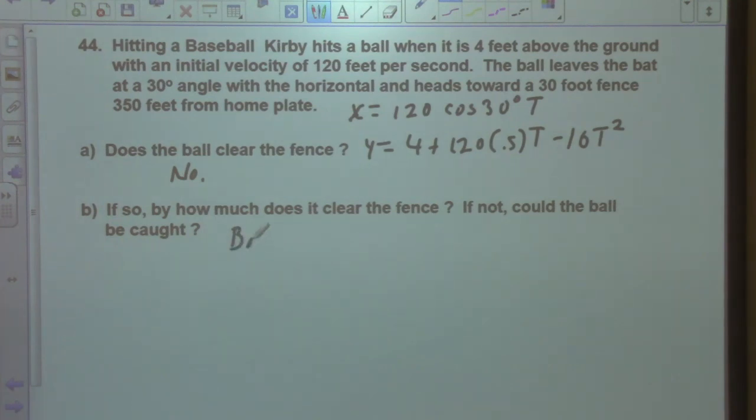Would you say the ball cannot be caught? And why is that? Because it's 24.5 feet off the ground, right?